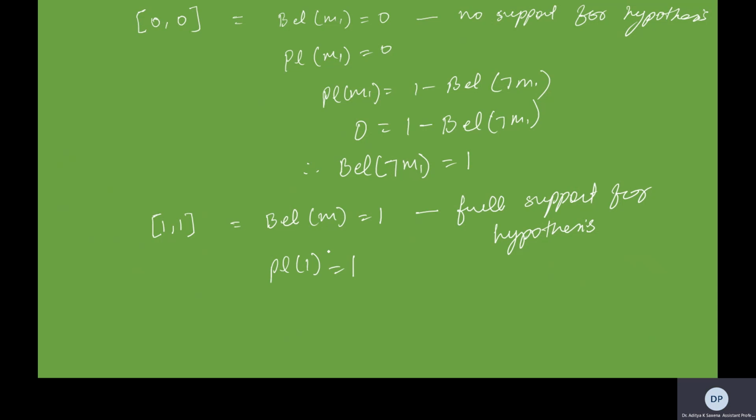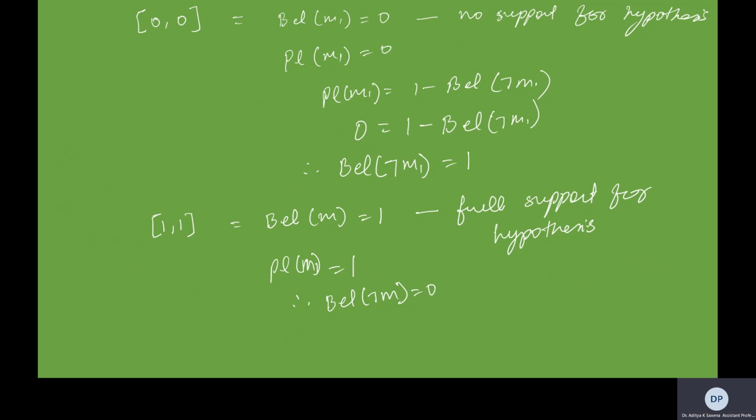We have seen earlier that plausibility of M1 is 1 only when belief in the negation of M1 is 0. So when the interval is 1 comma 1, we have full support for the hypothesis. I believe this is clear.